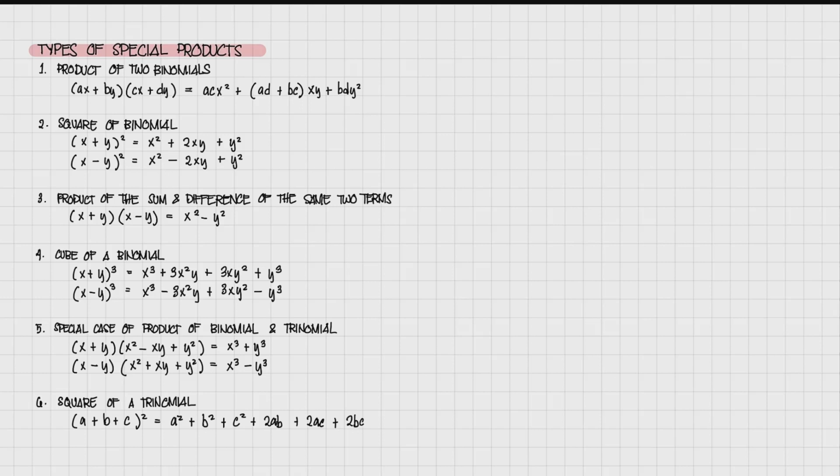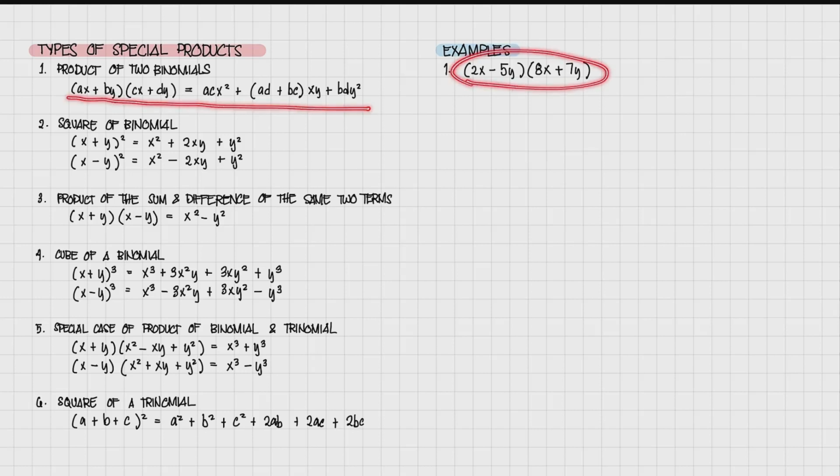I guess the best way to explain this is by using examples. So let's try some examples. For our first example, this will be for the product of two binomials. We're just going to follow the formula given. To name these, we have AX, BY, CX, DY.